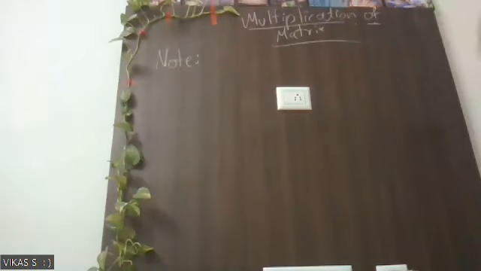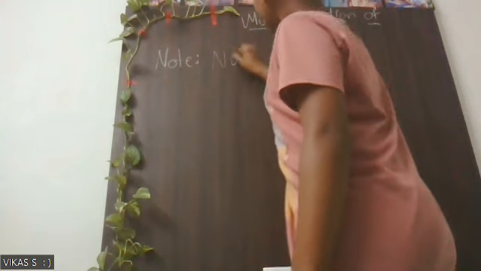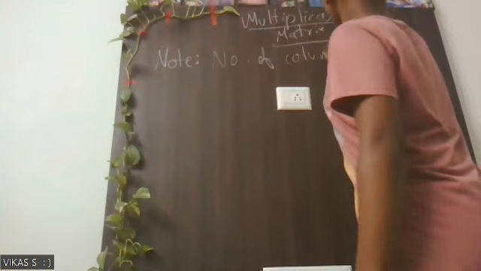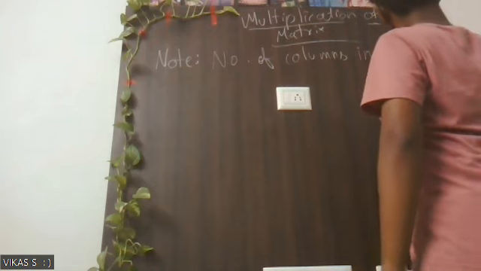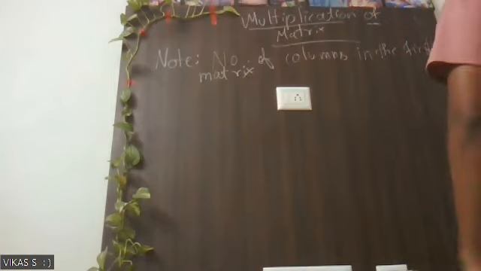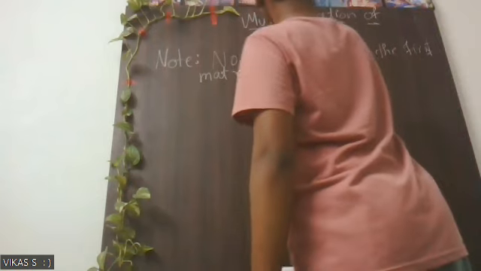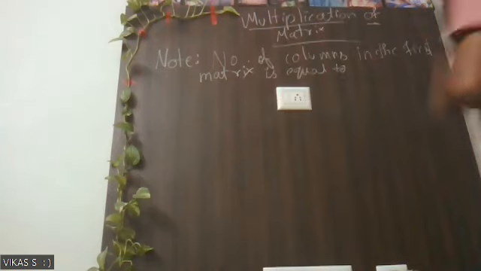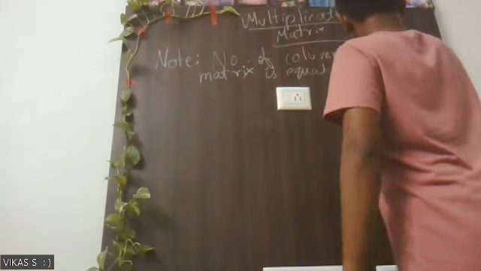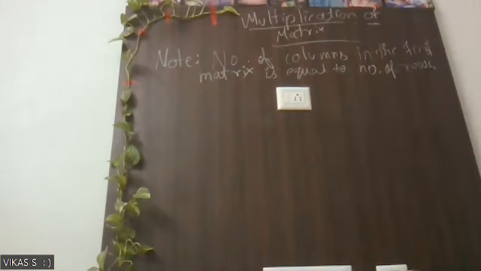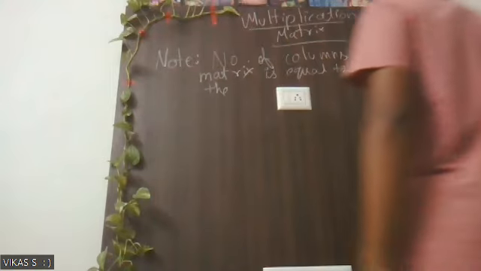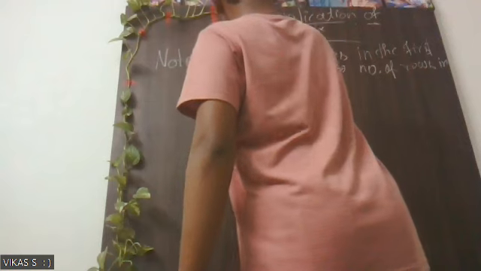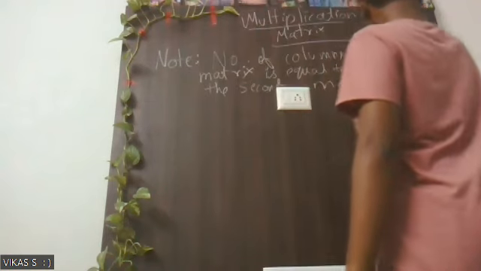I will write it out. The number of columns in the first matrix is equal to the number of rows in the second matrix.